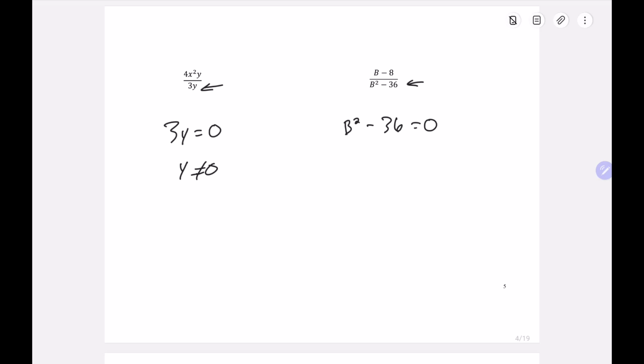We would factor, and this would be a difference of squares, so we would have b plus 6, b minus 6 equaling 0, and we would see that b cannot equal plus or minus 6. So whether it be positive or negative, it would still give us a 36, and if they're subtracted, it would give us a 0 in the denominator, which would make it undefined.